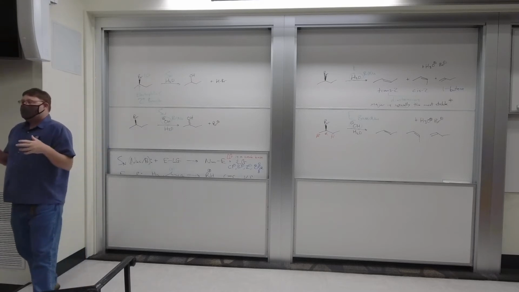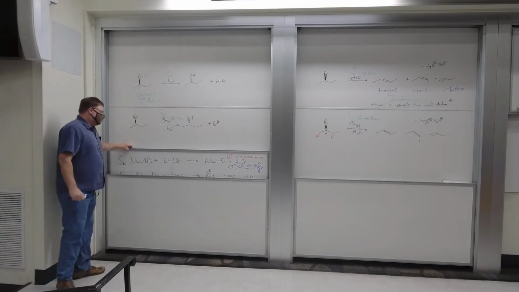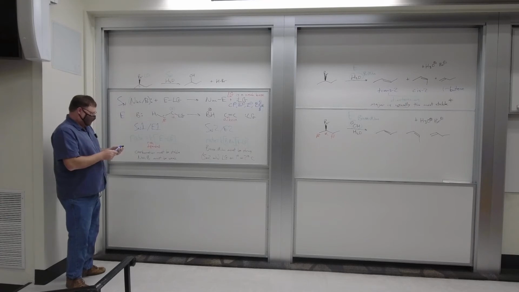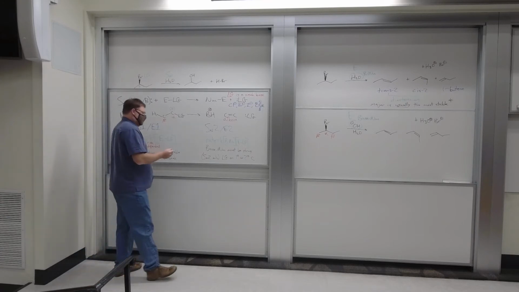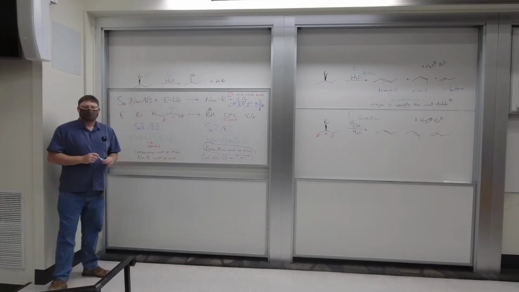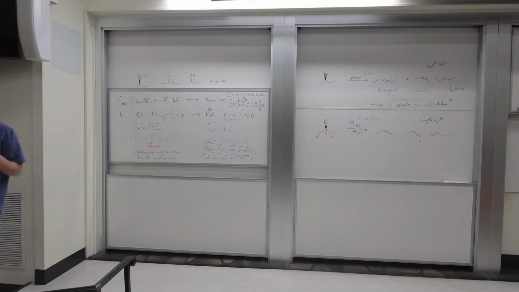Right now, I have not really given you enough information to definitively nail this down, though I have given you quite a bit. SN2 and E2 require a strong base or a good nucleophile. You can also call it a good base and a strong nucleophile.